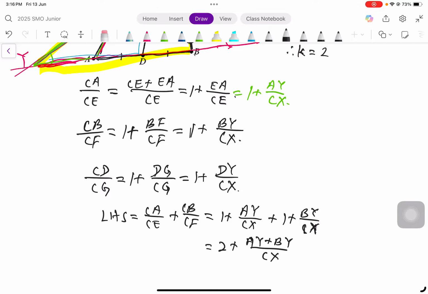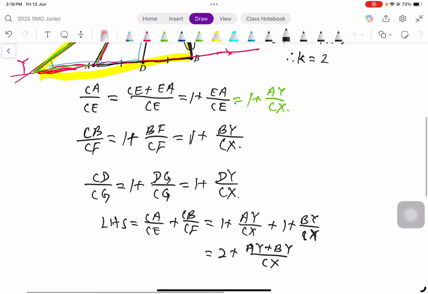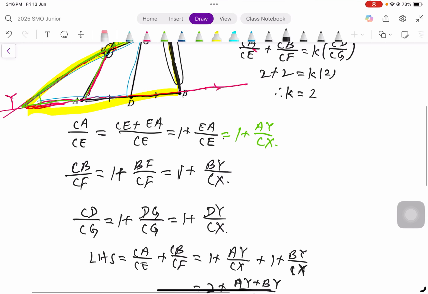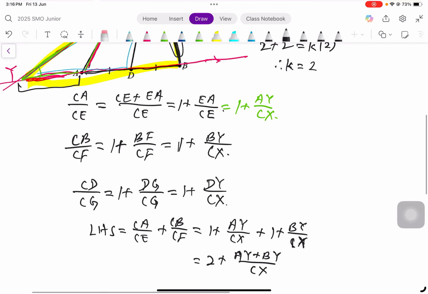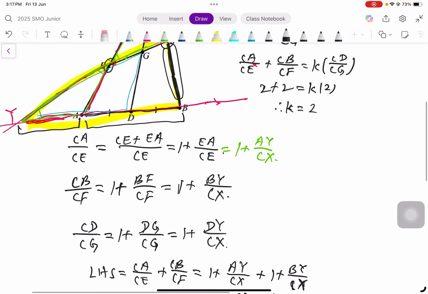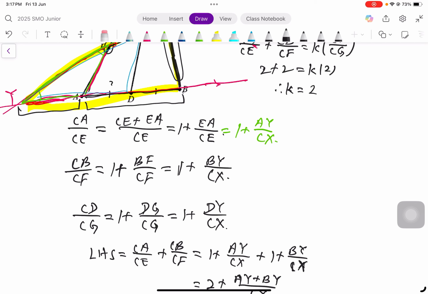AY is here and BY is here. The total length here is AY plus A plus A.